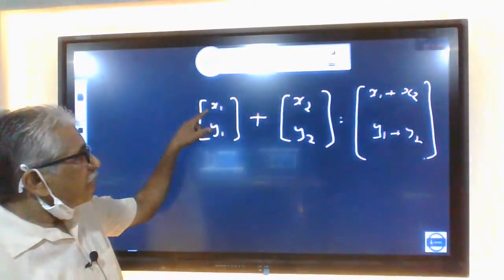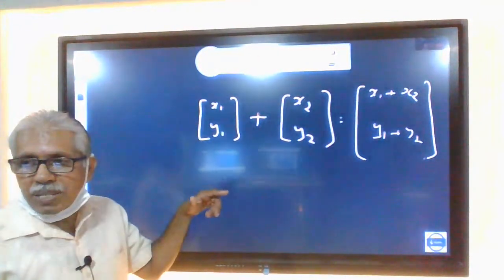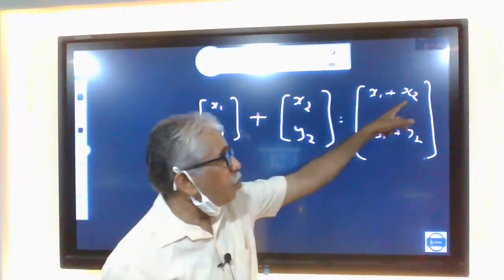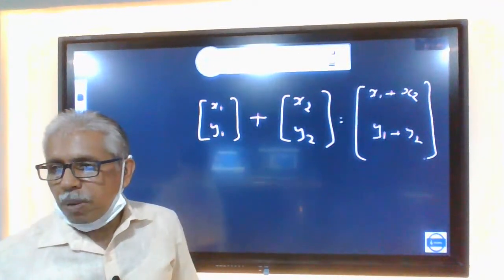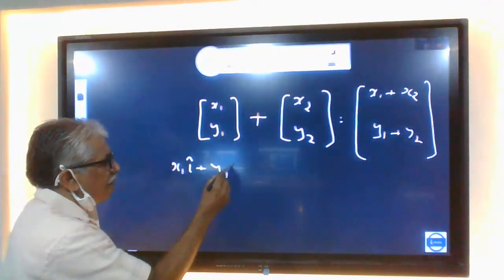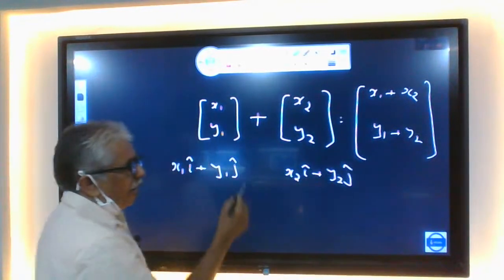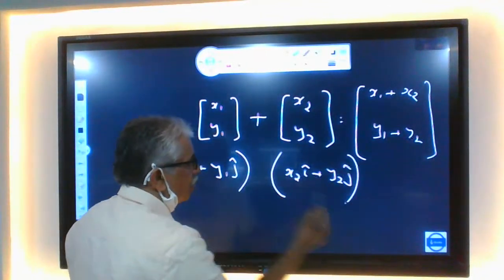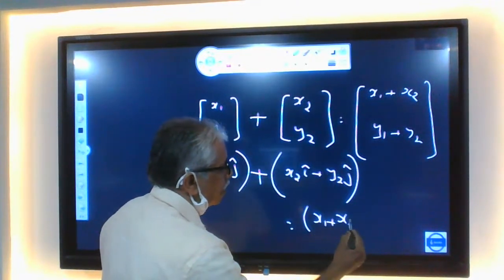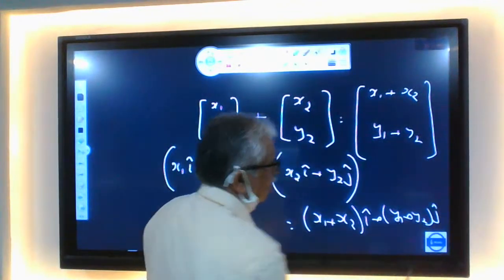Earlier I told you x1, y1 can be written in vectors as x1 i plus y1 j, and this is x2 i plus y2 j. Their sum will be (x1 plus x2) i plus (y1 plus y2) j, is it not? You are asked to find the sum of these two, and the right side is (x1 plus x2) i plus (y1 plus y2) j.